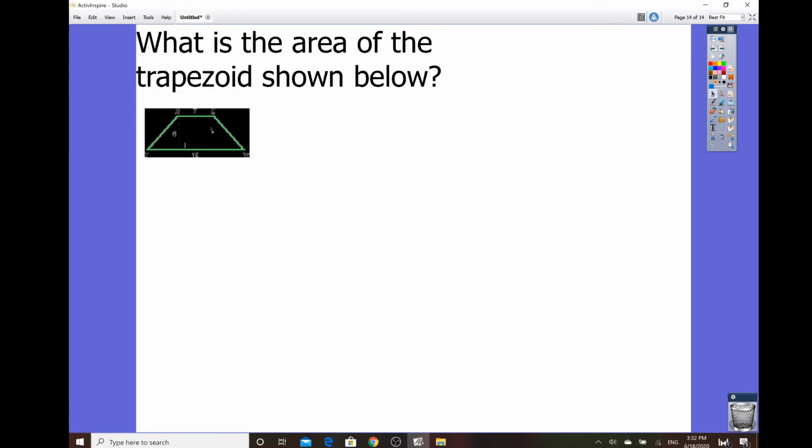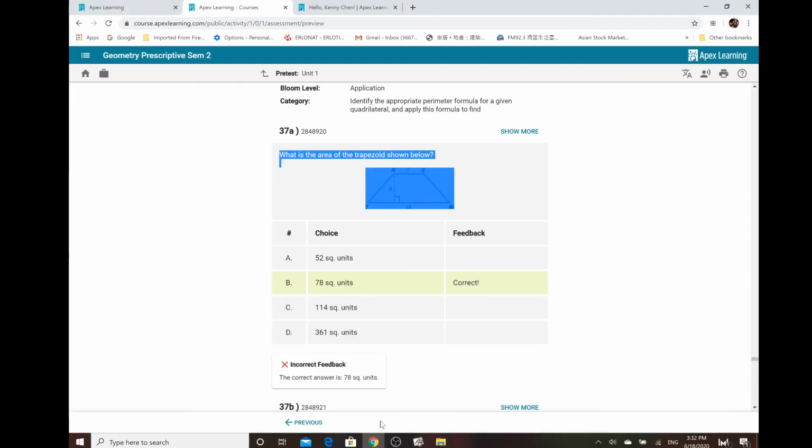What we have here is the upper base, the lower base, and the height. I cannot really read that number, so let me go back to this one. The upper base we do have 7, the bottom base we have 19, and the height is 6.